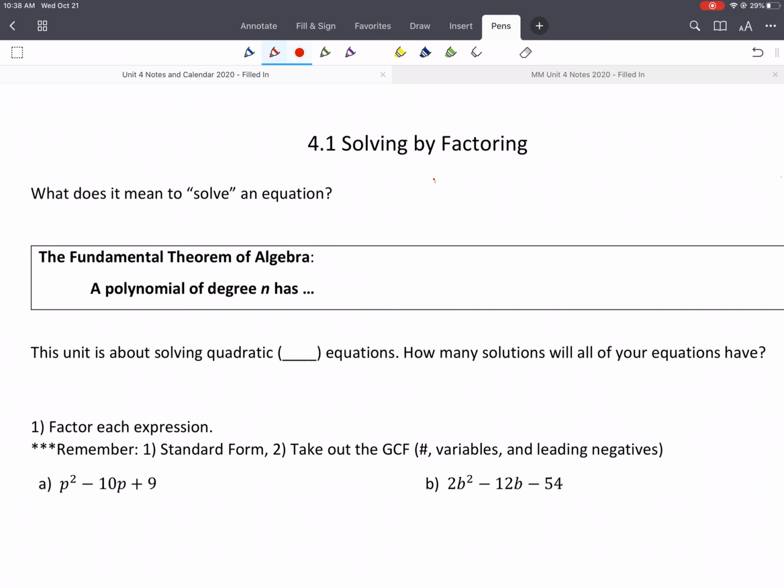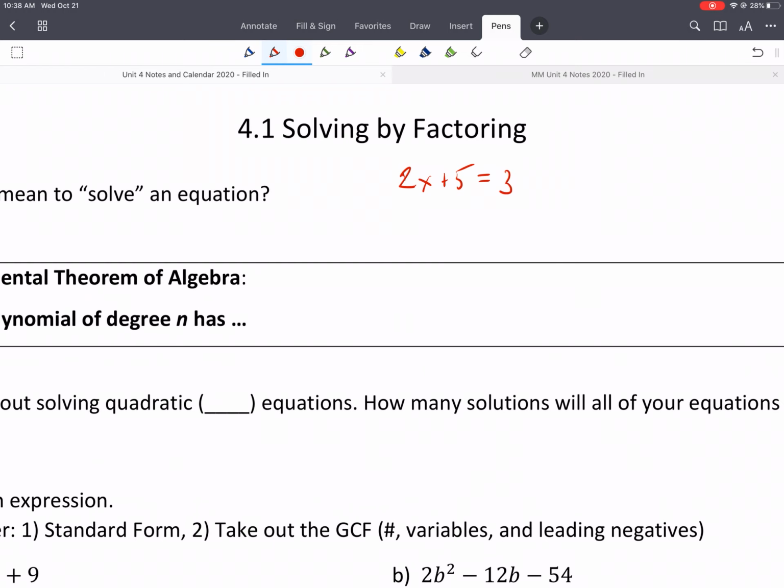If it was something like 2x plus 5 equals 3, if you were to solve that equation, you would need to get x by itself. So you would subtract 5 from both sides.